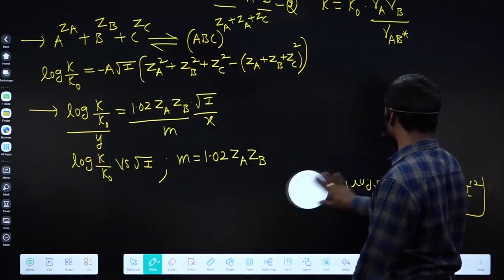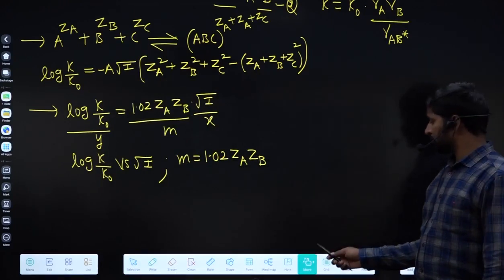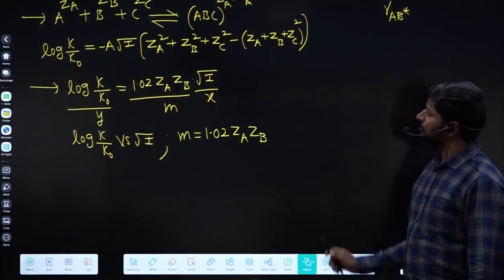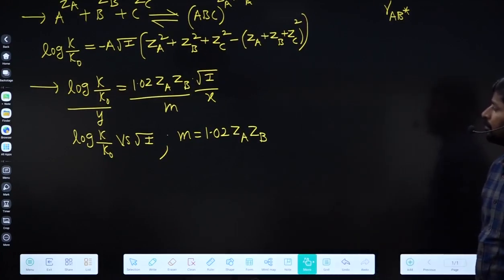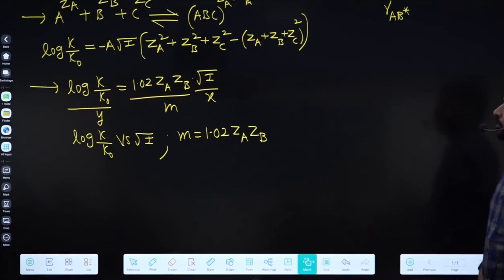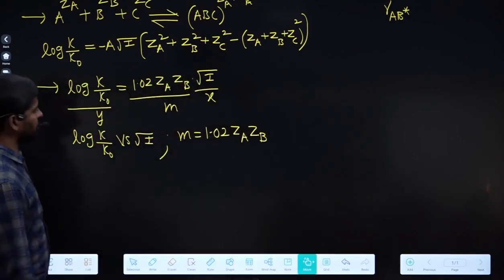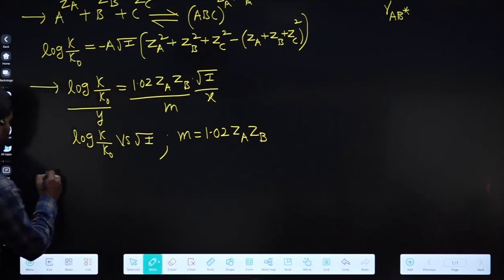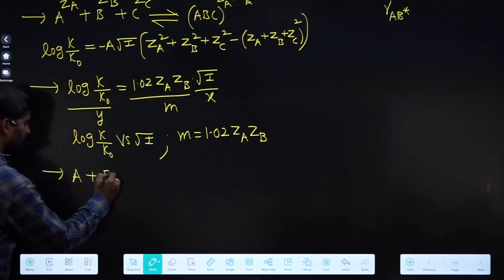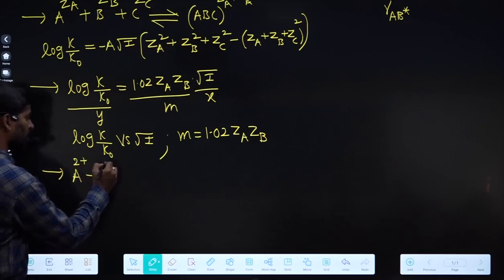Some simple questions we are getting from this concept. For example, I am taking a reaction involving ions A and B, and the charge number on A is 2 plus, the charge number on B also 2 plus.